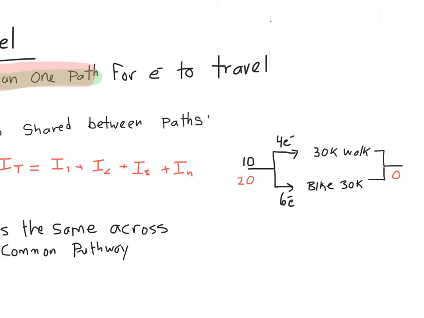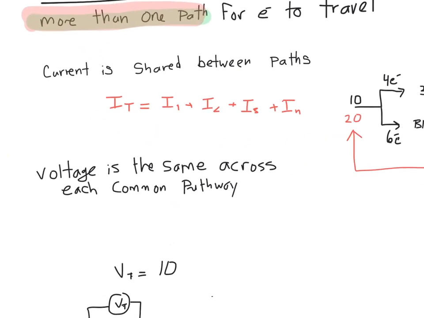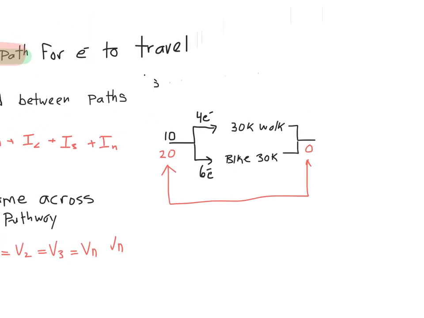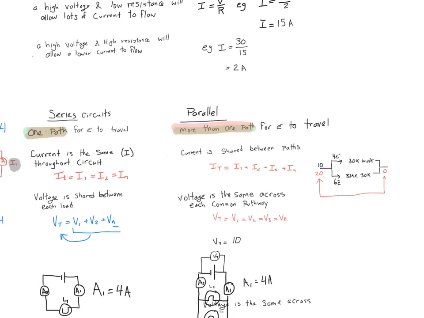So regardless of the route you took, your potential energy or your voltage is going to be the same, along a common pathway. So we say that voltage is the same across any pathway. So V1 is the same as V2, is the same as V3, is the same as however many V's there are. So we have voltage being the same across a constant pathway.